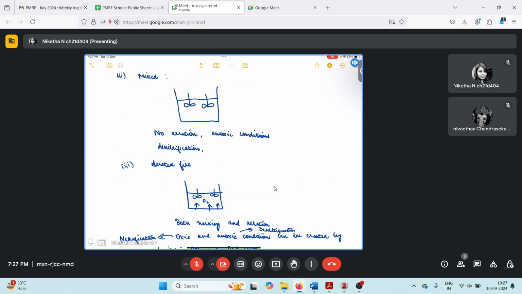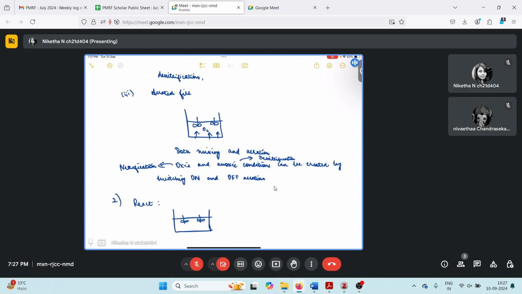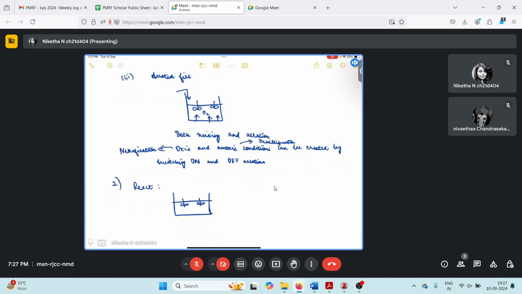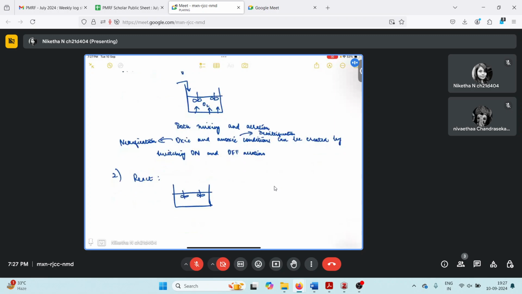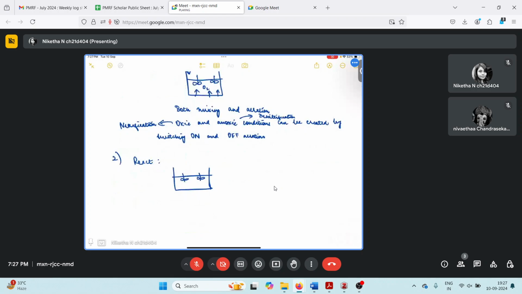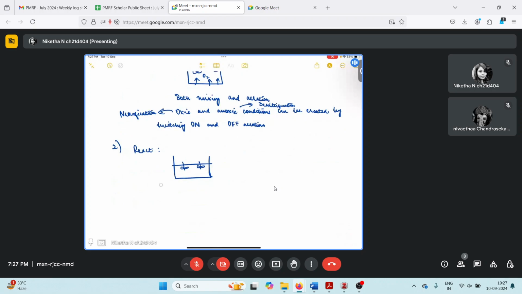The difference between aerated fill and react is that in aerated fill, influent is coming and we are simultaneously doing mixing and aeration, but here the influent entry is completely stopped and it is only mixing. So this will ensure a higher efficiency because as soon as the fluid enters, it is allowed to mix and react. So here the mixing and aeration will take place.